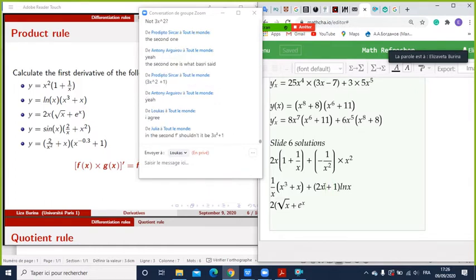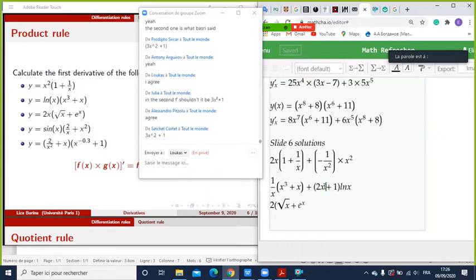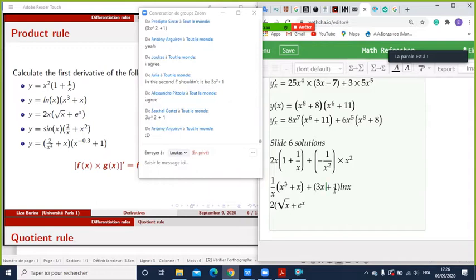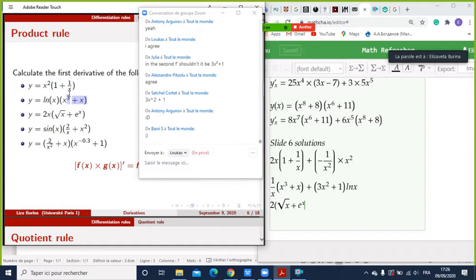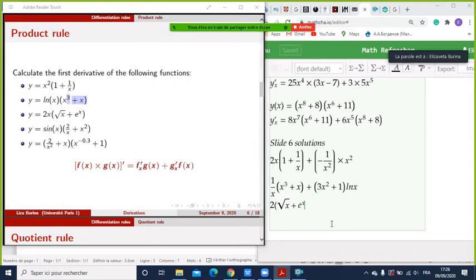Yeah, you're right. Perfect, yes, because the first derivative of the second part, obviously, applying the formula, we get 3 times x to the power of 3 minus 1. Okay, thank you very much.